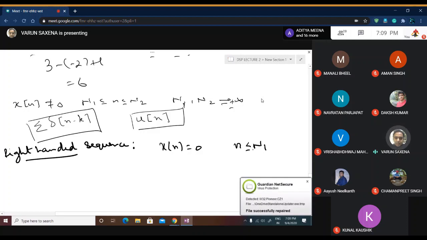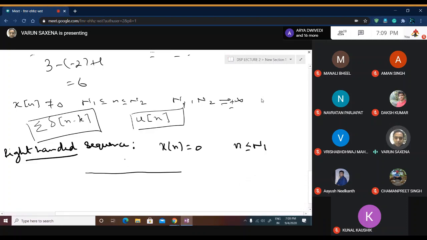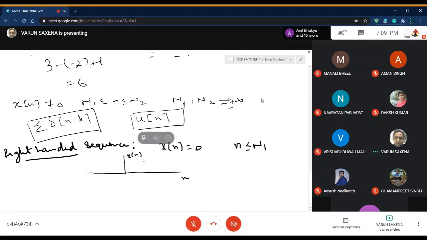Now you understand it like this. Suppose I make a sequence like this. This is your x and this is your n. Now I create a sequence like this, and it goes like this.